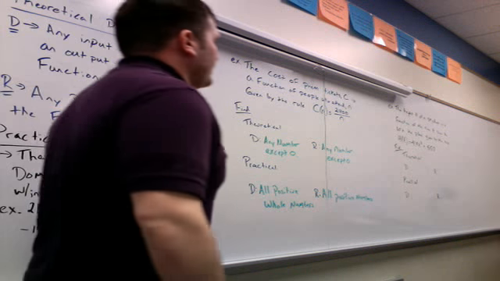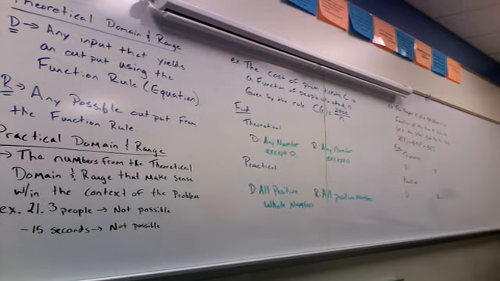The height h of a skydiver is a function of the time t since he left the plane, given by the rule h of t equals negative 4.9 t squared plus 550. I want you to find the theoretical domain and range, and I want you to try to find the practical domain and range on your own.